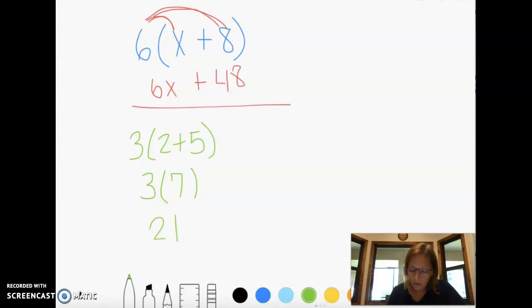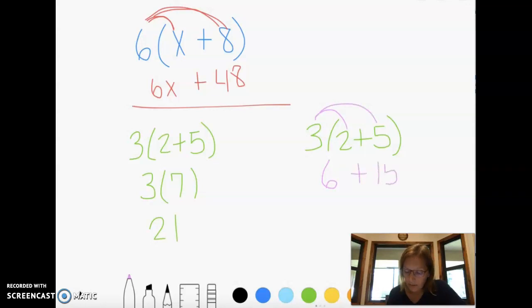Let's see if I use the distributive property, if I get the same answer. I'm going to change colors. I'm going to draw my line to multiply by the first number. 3 times 2 is 6. Then I'm going to draw my second line. 3 times 5 is 15. Make sure you bring down that plus sign that's in the middle, because that's really important.